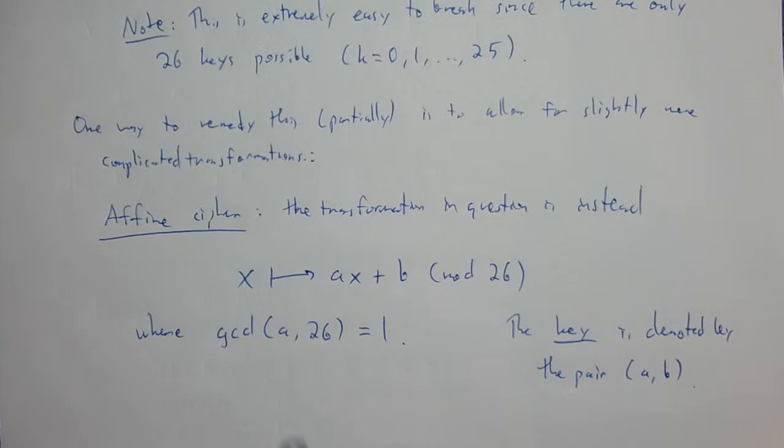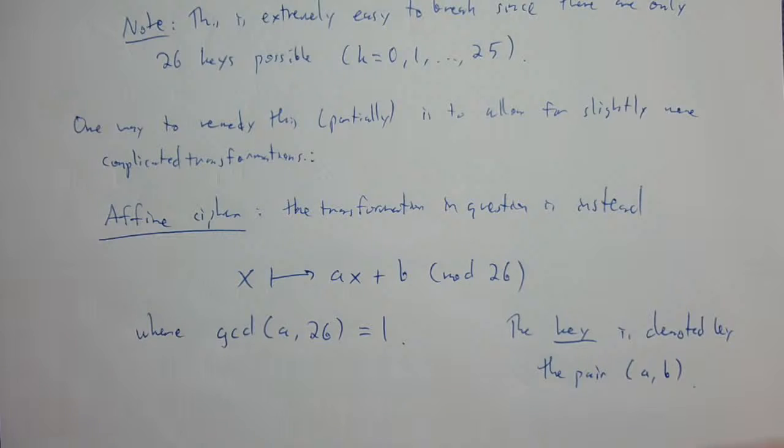Now again, before I wrote this line, you might say this vastly increases the number of possible keys, because now I'm counting how many possibilities I have for this pair. But the requirement that the GCD of A and 26 be 1 tells me that the only A that are allowed are the ones that are relatively prime to 26.